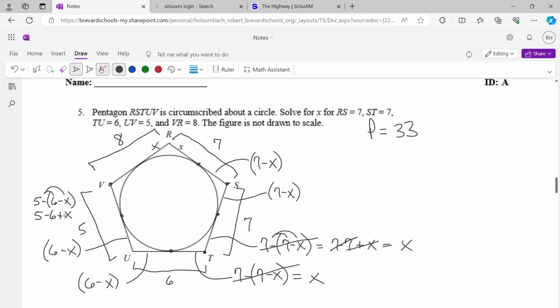And 5 minus 6 plus x is negative 1 plus x. So that piece is negative 1 plus x. And I would scratch these out because you're done using them. If that tangent is negative 1 plus x, then this tangent is negative 1 plus x.